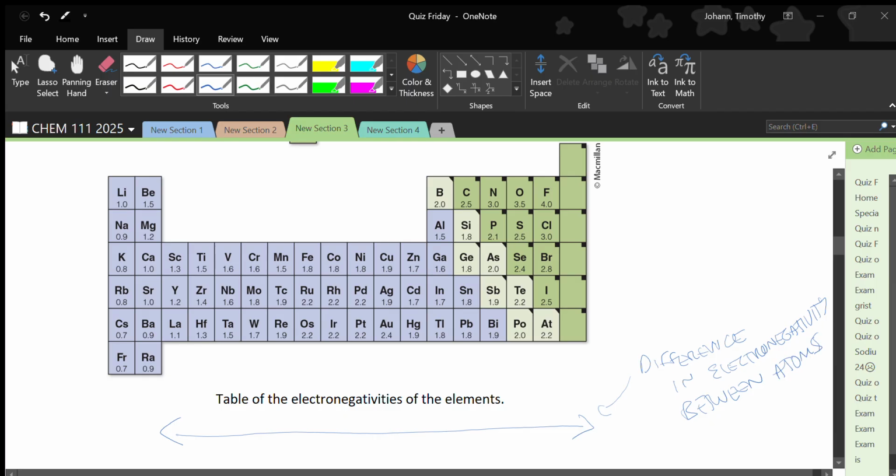We're going to subtract one from the other, and this is actually an absolute difference, so I could put absolute value lines around that. If you have less than 0.5 difference in electronegativity, we call those nonpolar bonds.